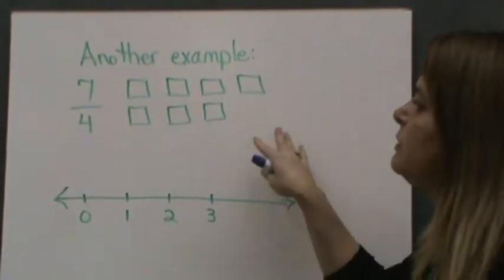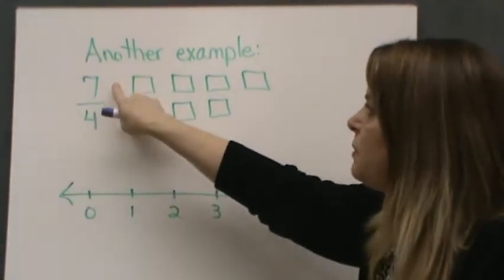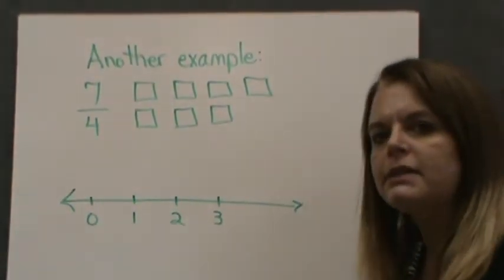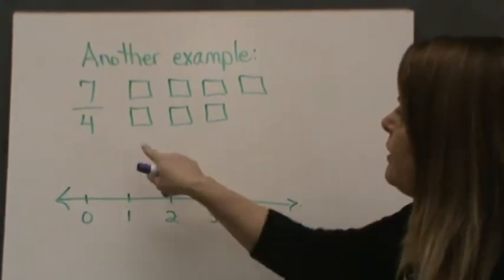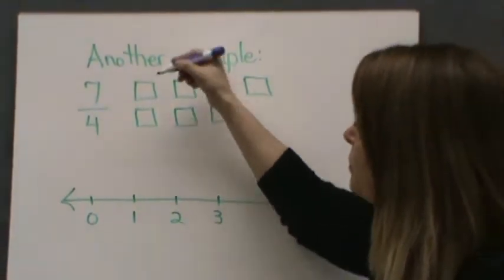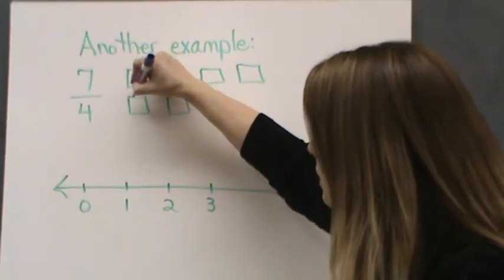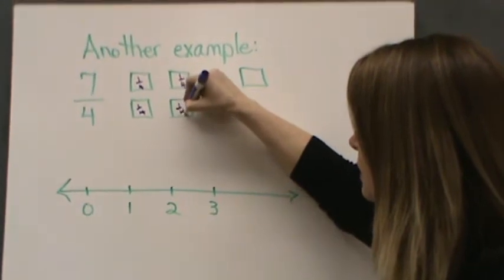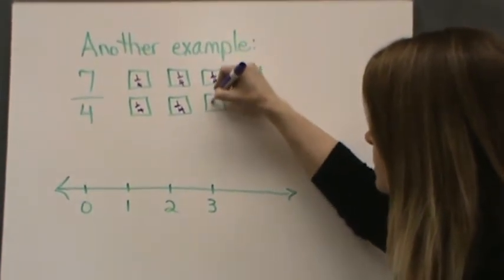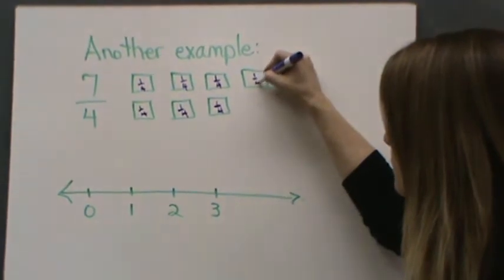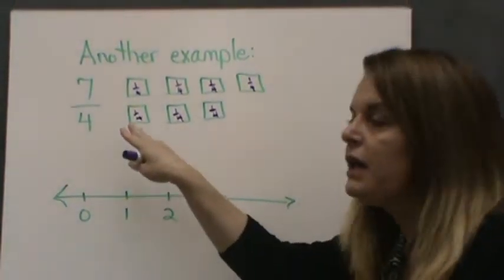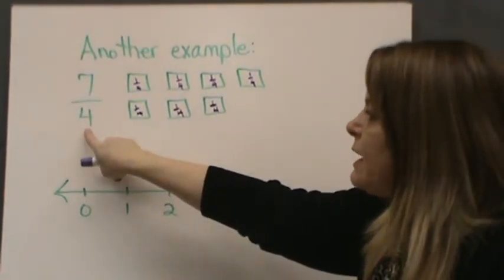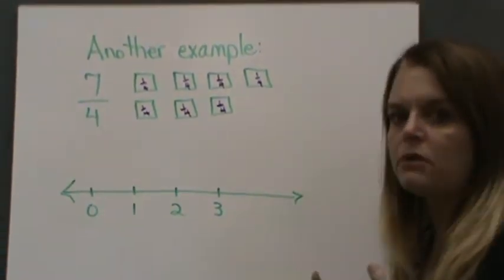So this fraction would be here on my number line. Here's another example. Improper fraction, numerator is bigger than the denominator. My denominator tells me how many it takes to make a whole. Well, if each of these is 1/4, this is 1/4 of a square, this is 1/4, this is 1/4, and I have 7 of those. We already know by definition that if it's an improper fraction, it's going to be more than 1. But we can see here, my denominator tells me that it takes 4 to make the whole.